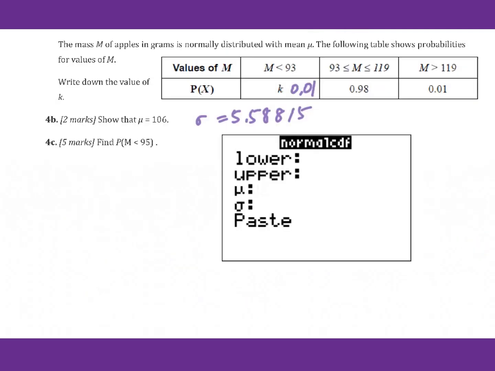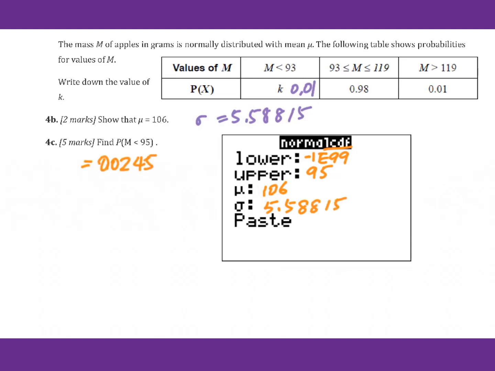Find the probability M less than 95. So 95 will be the upper bound. We have to use normal CDF. Lower will be negative 1E99. The mean will be 106. Sigma is 5.58815.